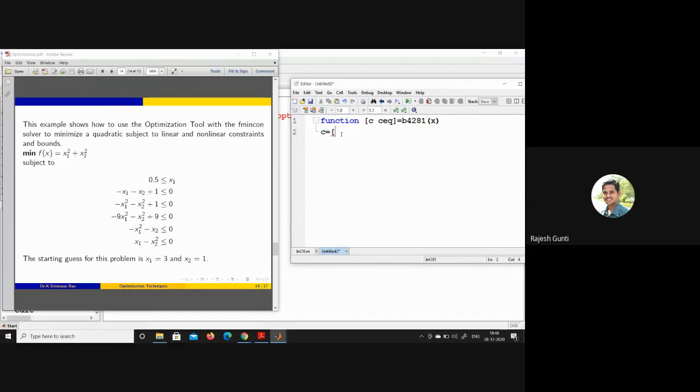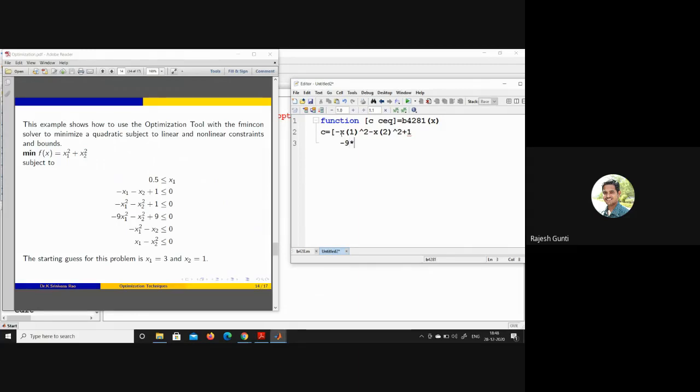First is minus x1 square minus x2 square plus 1. Semicolon we can give, otherwise we can write the equations one by one.